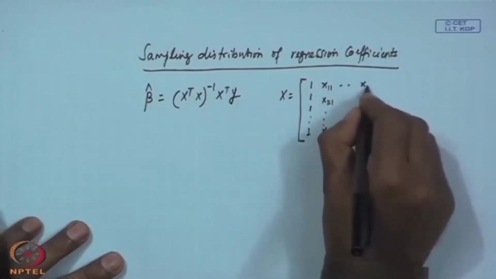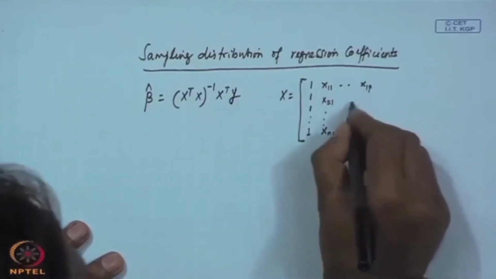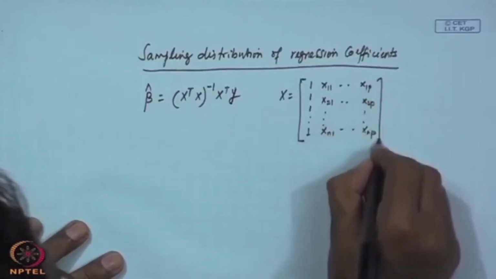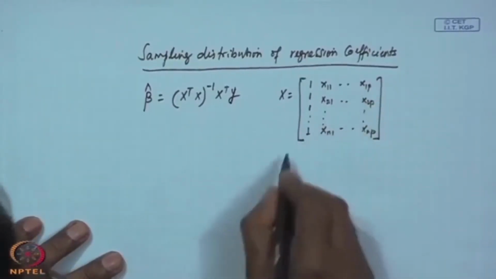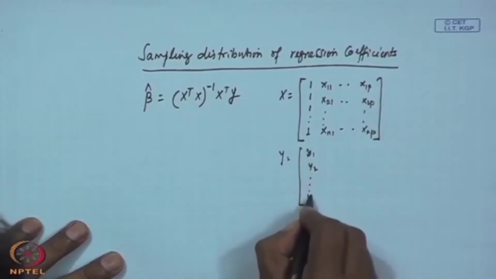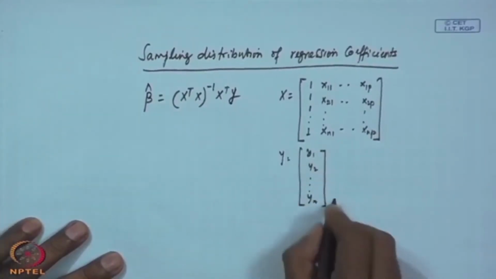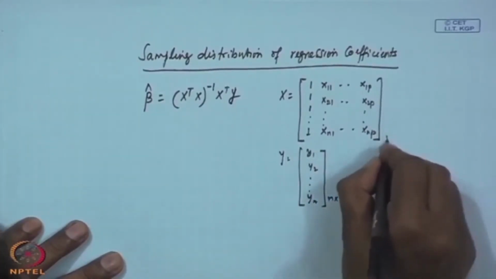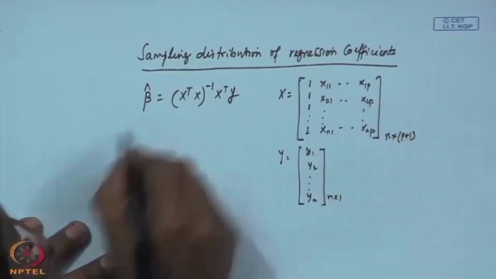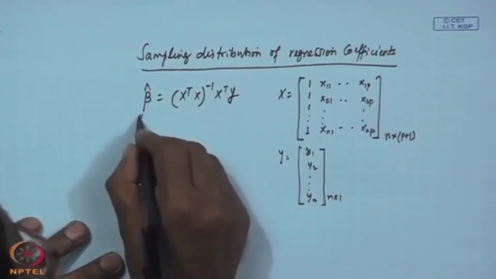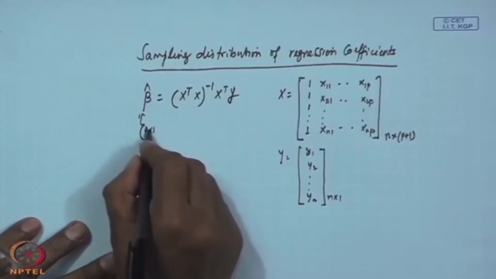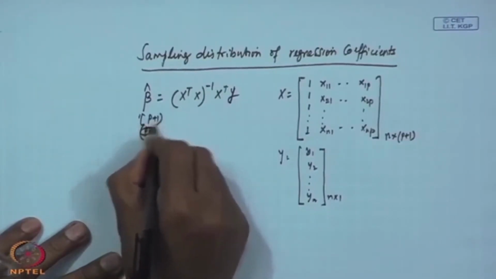Similarly, the last one will be the pth variable data x1p, x2p, xnp, and y is the n observations. This is n cross 1, this is n into p plus 1, and beta will definitely be p plus 1 cross 1.